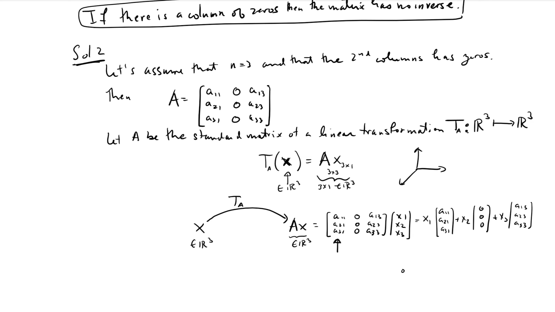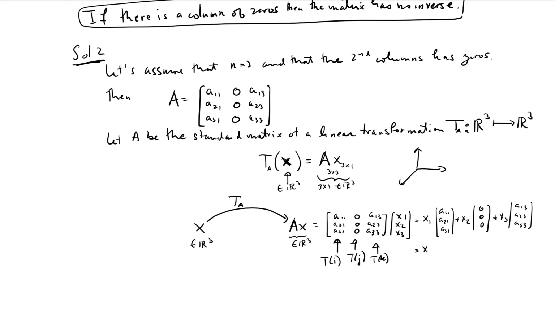And I've mentioned this many times, this first column is T of I, I being this vector. So if you apply T to I, you get the first column. This column here is where j gets sent. That's T of j. That's T of k right there.